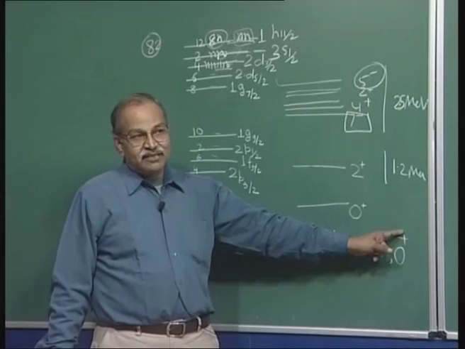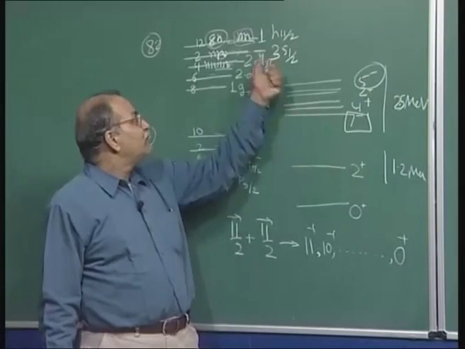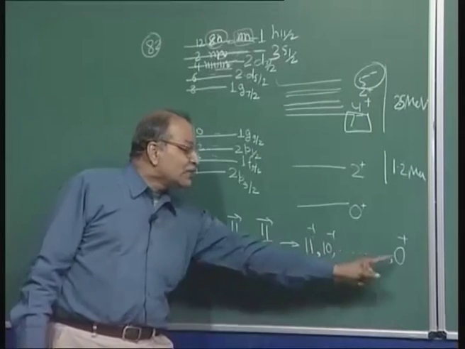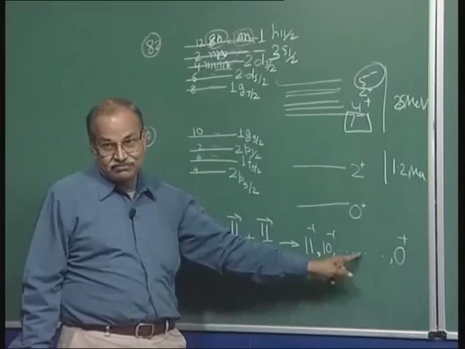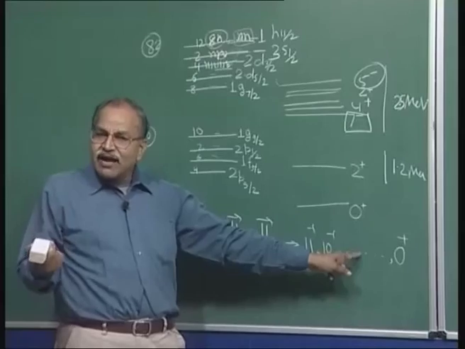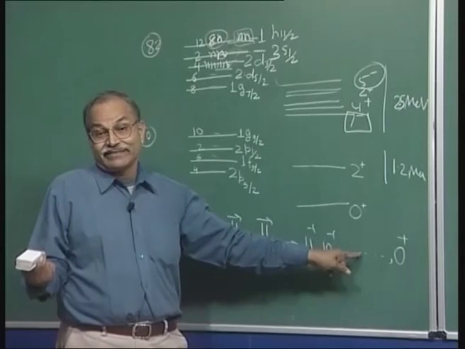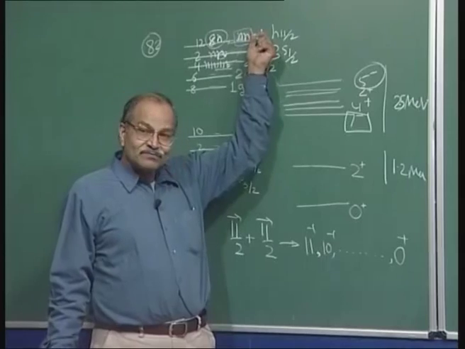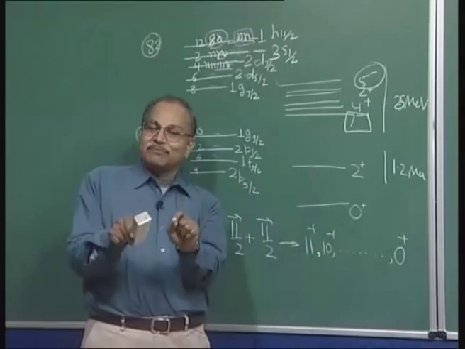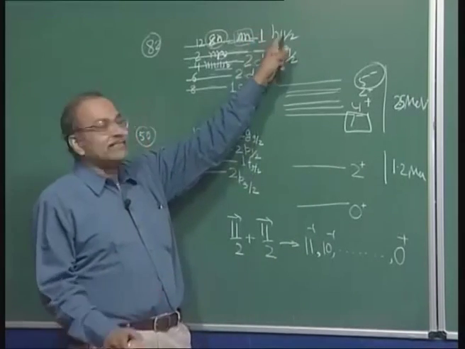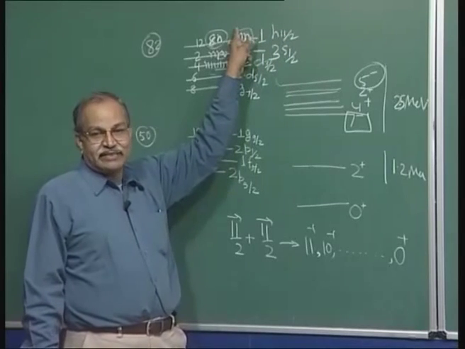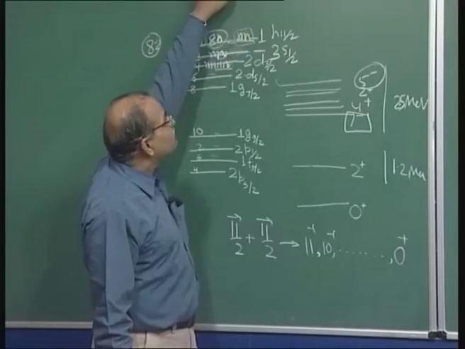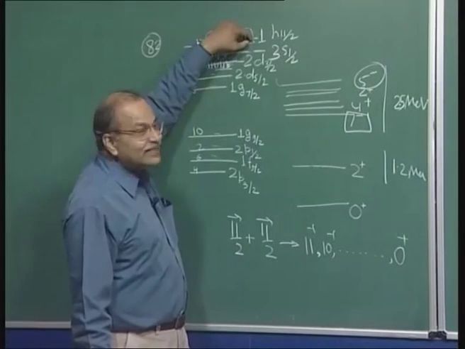But if we break the pair and recombine them not in 0 plus but something else, the energy will be higher. So that will be an excited state. If I break the pair and recombine in the same h 11 by 2 subshell, I do not take this neutron somewhere else after breaking, it still remains here.